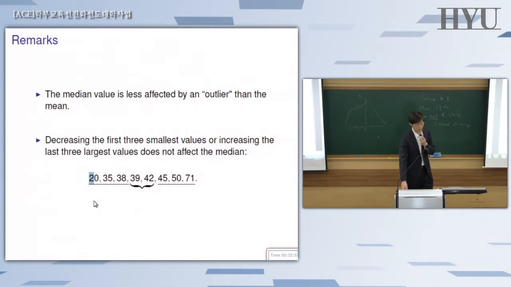That's not the case for the median, because you don't even consider those. So it shows why this median measure of the middle value can be robust to those potential outliers.